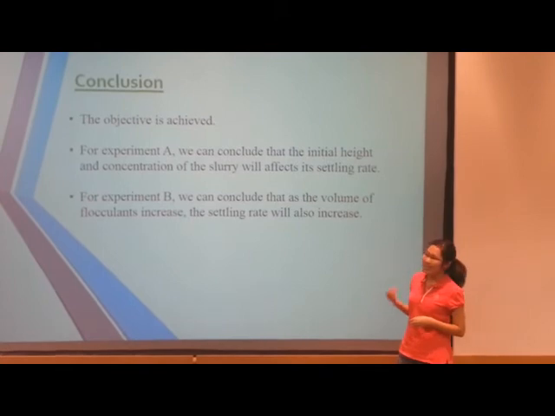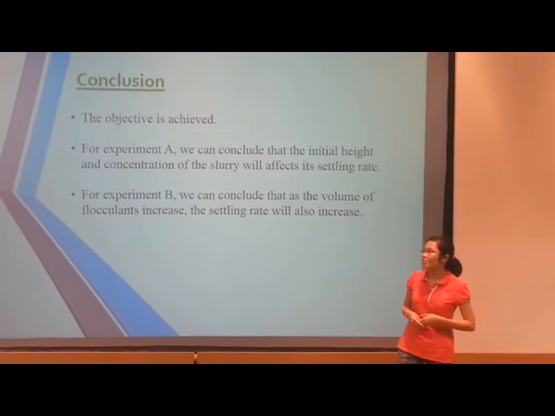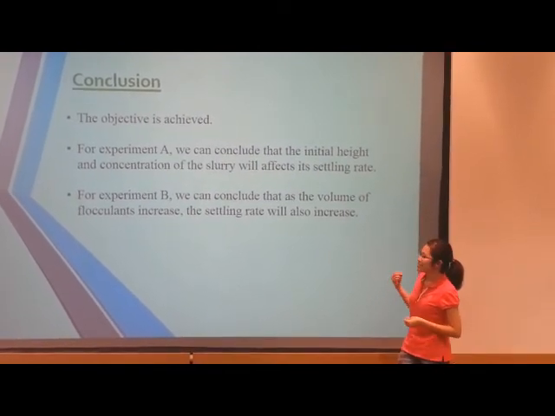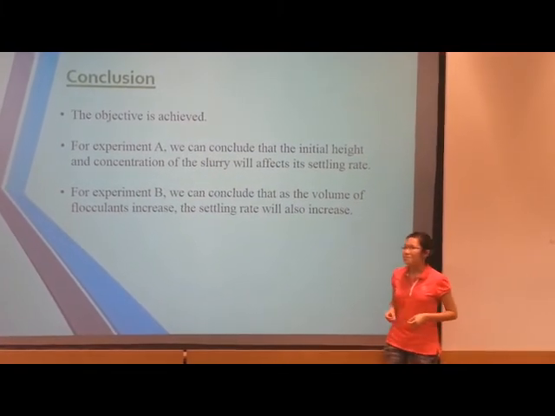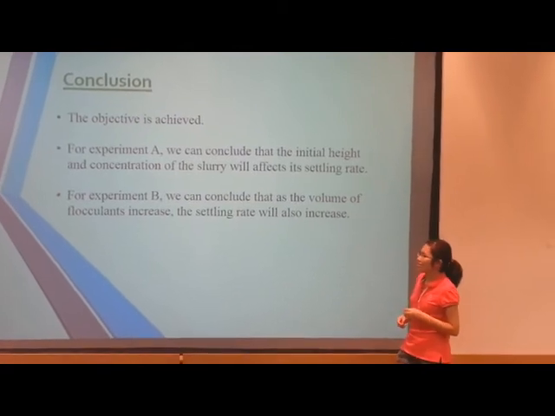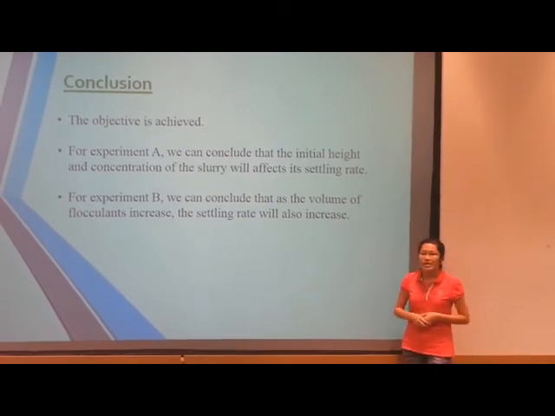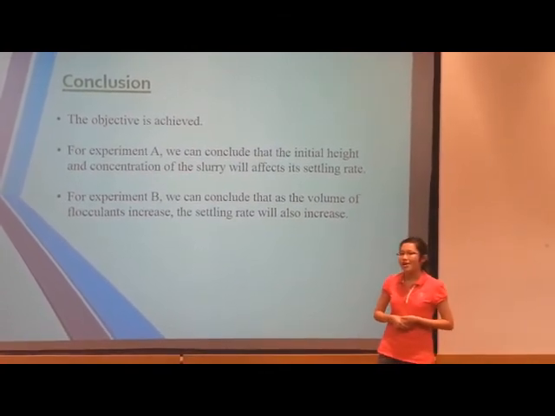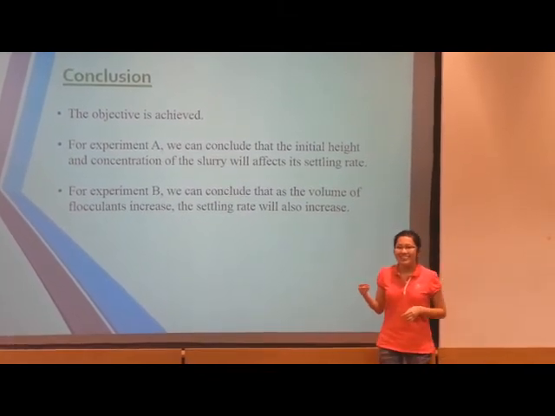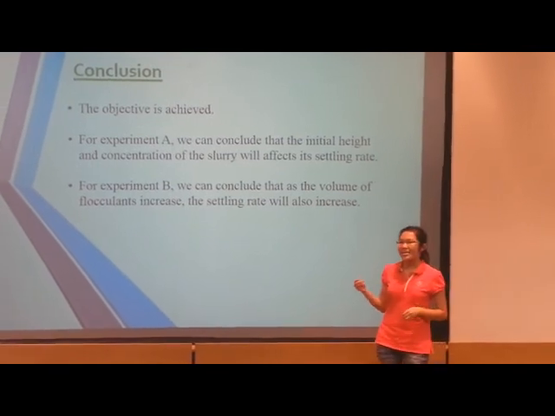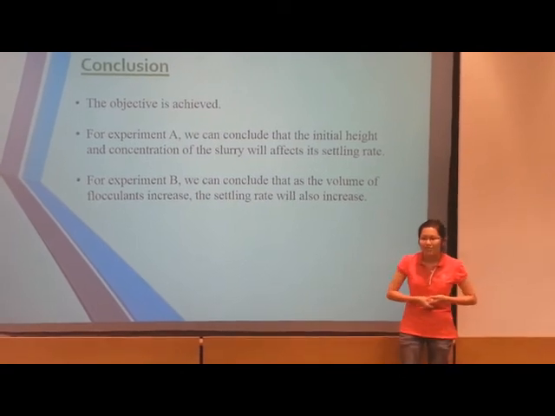As the height increases, the settling rate will decrease. As for the concentration, as the concentration increases, the settling rate will decrease. For experiment B, we can conclude that as the volume of flocculant increases, the rate of settling will increase. This is because the flocculant acts as a helping agent to aid the process of sedimentation to occur faster.